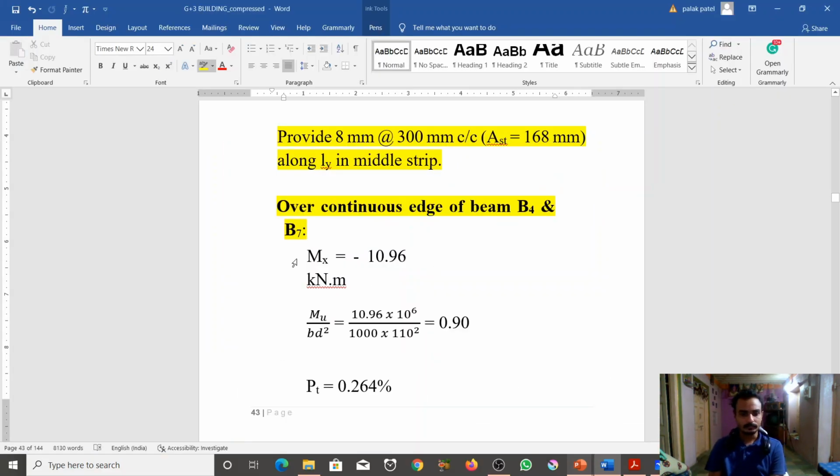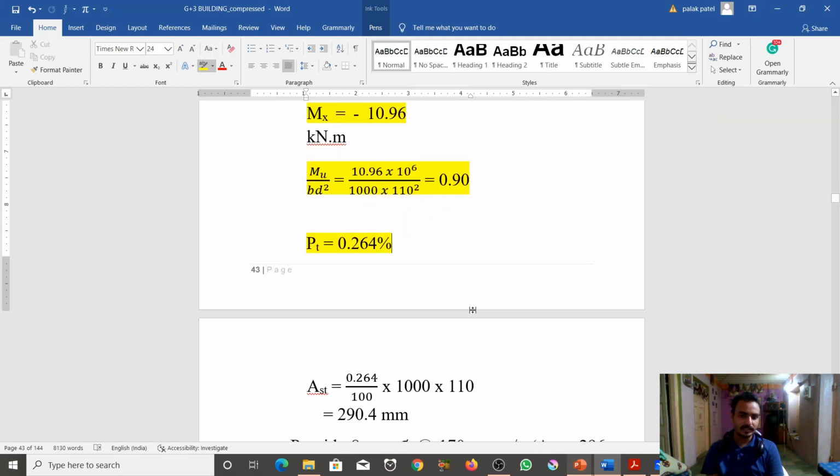Mx is x direction moment, minus 10.96 kilonewton into meter. Find out mu upon bd square is 0.90. So by the mu upon bd square we can find out pt, 0.264 percentage.